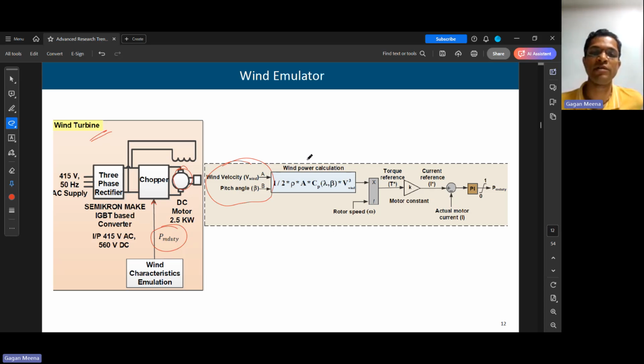The output is then divided by the rotor speed, and we get the torque reference, which is multiplied by the motor constant. Then we get the current reference. We compare it with the actual motor current, and the PI controller tries to make the steady state error 0.